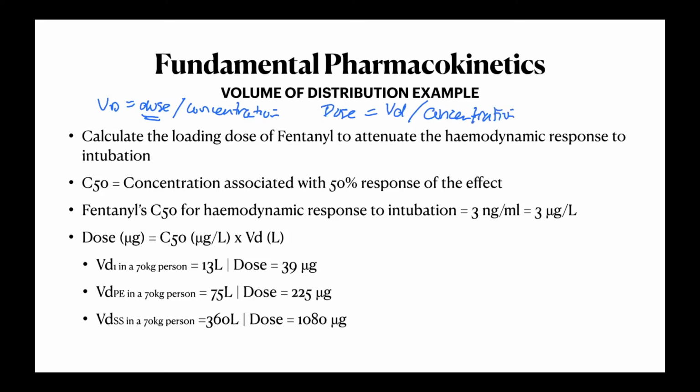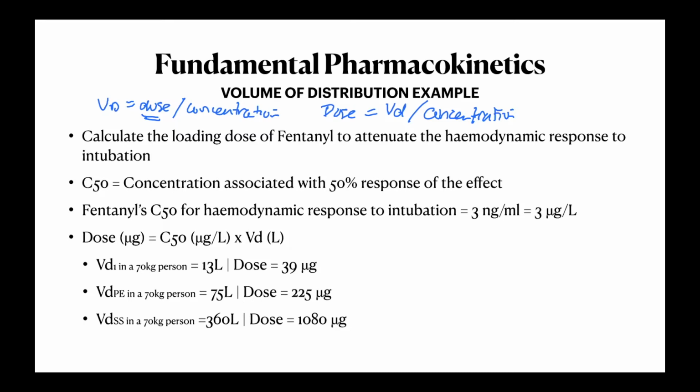So we're going to calculate now the loading dose of fentanyl to attenuate the hemodynamic response to intubation. And the reason why I've chosen this example is that this is something we do every day. And the fentanyl C50 for hemodynamic response to intubation is 3 nanograms per mil or 3 micrograms per liter.